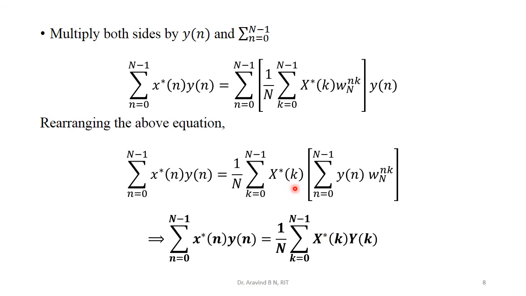Up to this point it is retained as it is, and what is there in the bracket is now written as y of k. This is what is called the inner product or Parseval relation.